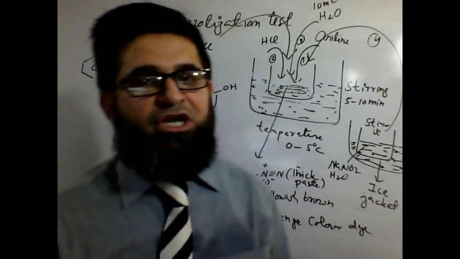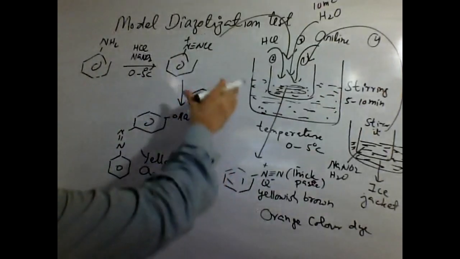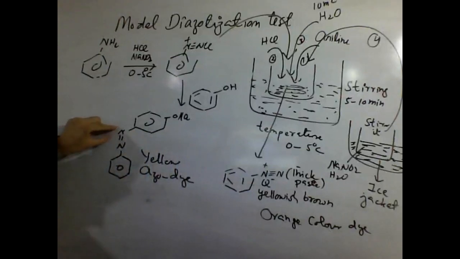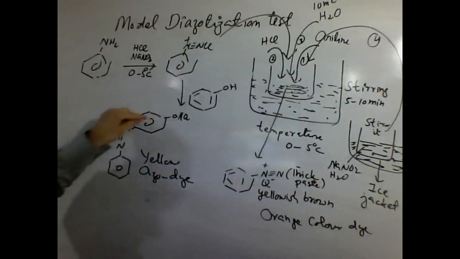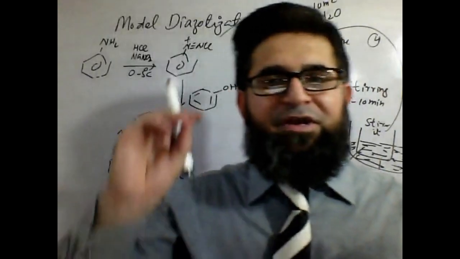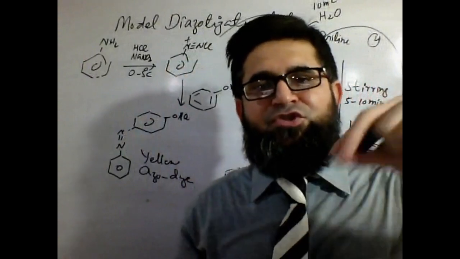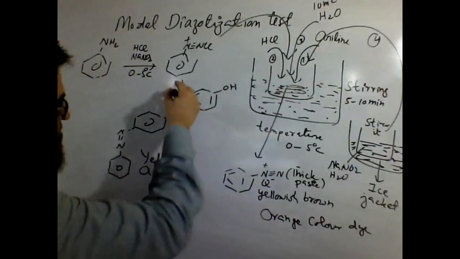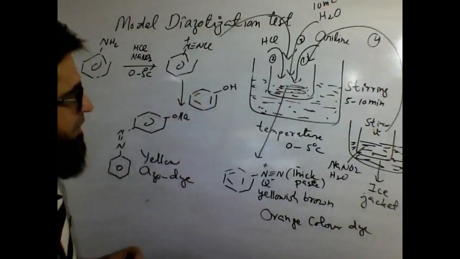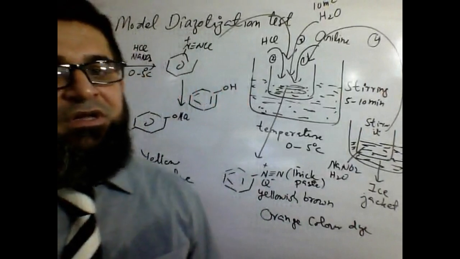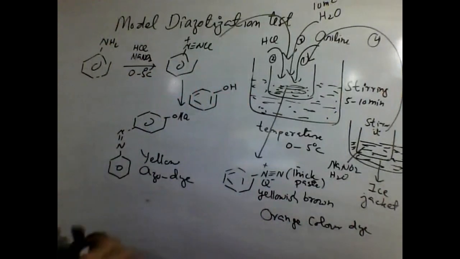It's yellow in color. So as we change the coupler, the presence of the azo group in conjugation with another single aromatic benzene ring having a donating or withdrawing group, or naphthols, alpha, beta-naphthol, could produce different colors.